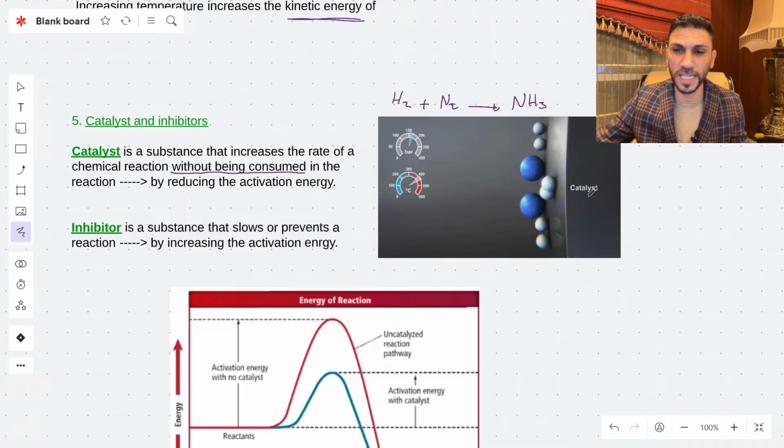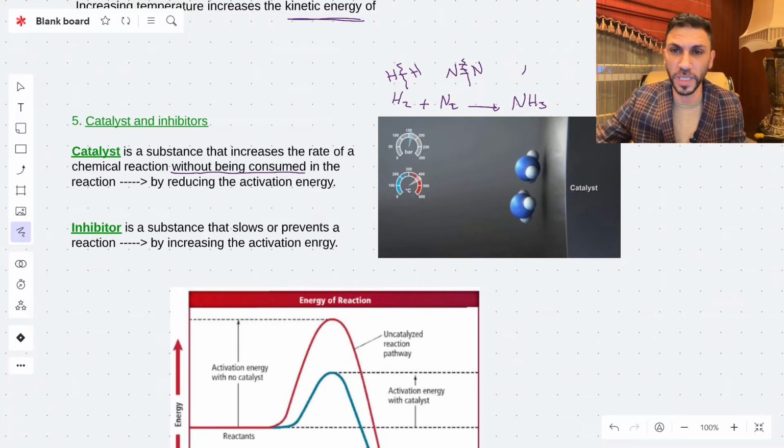But when you add a catalyst, now this catalyst will help the bonds between the hydrogen atoms to break, and also the bonds between the nitrogen atoms to break, and the bond between the N and the three hydrogens becomes easier to form, as you can see here.